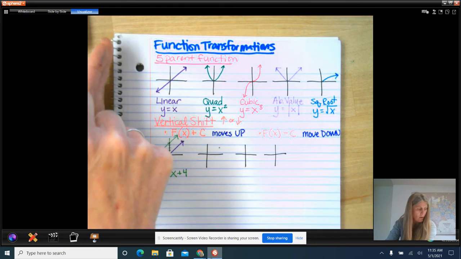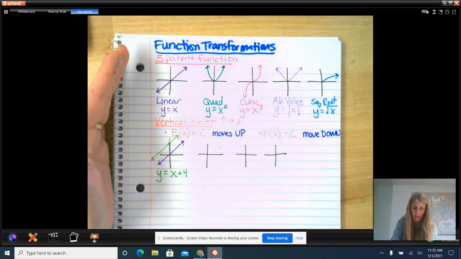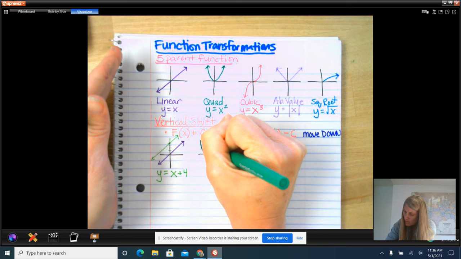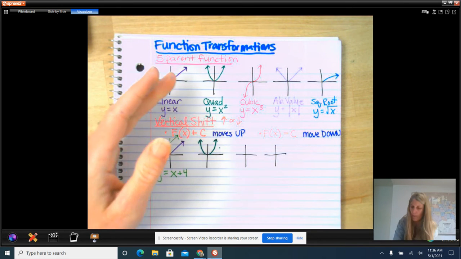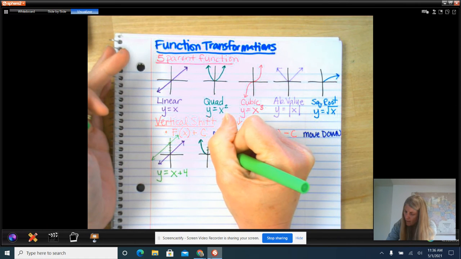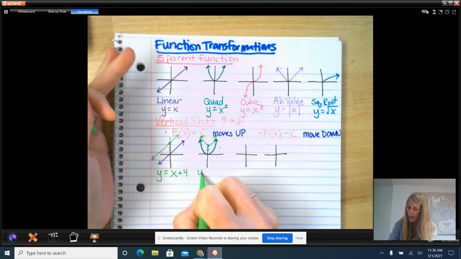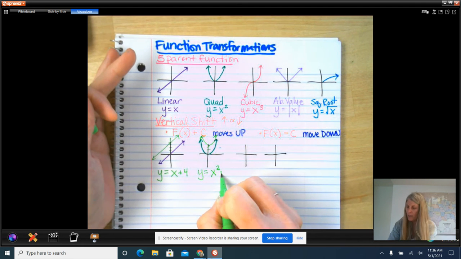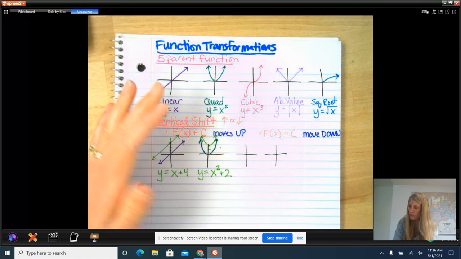Okay, we're going to look at our parent function for our quadratic, and we are going to move it up 2. So we're basically moving all of those up. And so we're going to have y is equal to x squared, that's our parent function, plus 2, because we moved up 2.